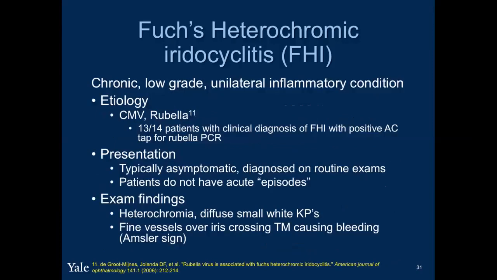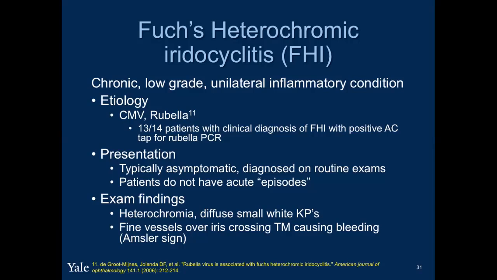One other entity that I wanted to mention was Fuchs heterochromic iridocyclitis, which for me has always been a confusing topic and difficult to distinguish from Posner-Schlossman syndrome. So unlike Posner-Schlossman syndrome, which is characterized by these recurrent acute episodes of really elevated IOP, Fuchs is really characterized by chronic, low-grade, unilateral inflammation that can be associated with borderline elevated IOPs.